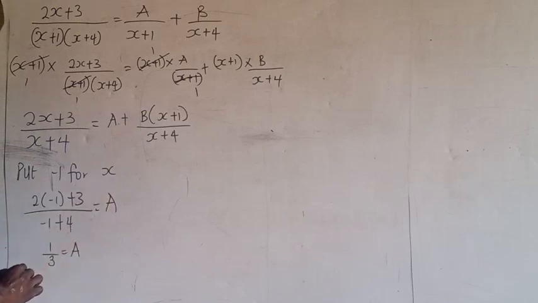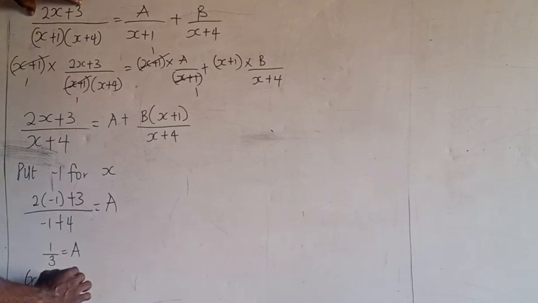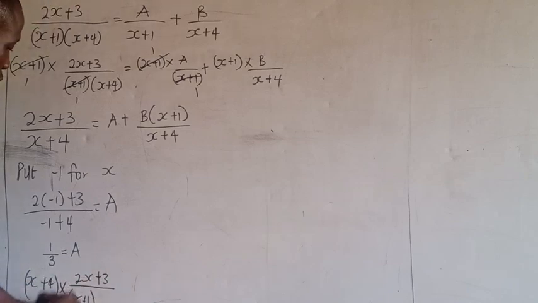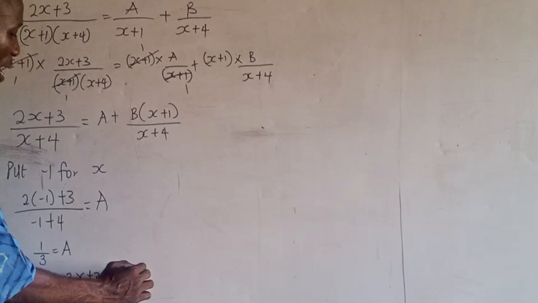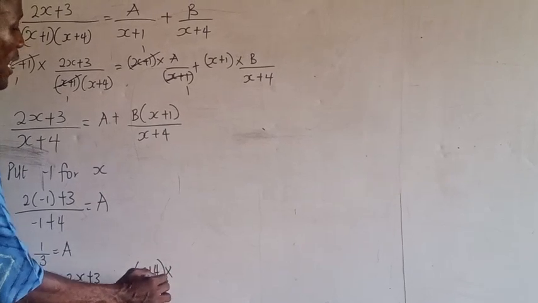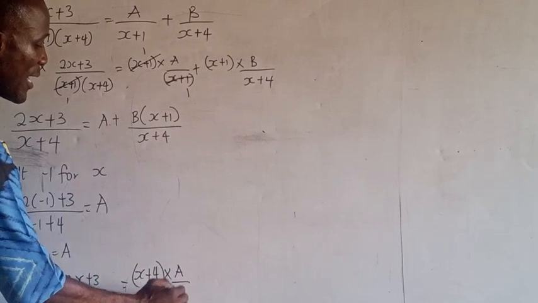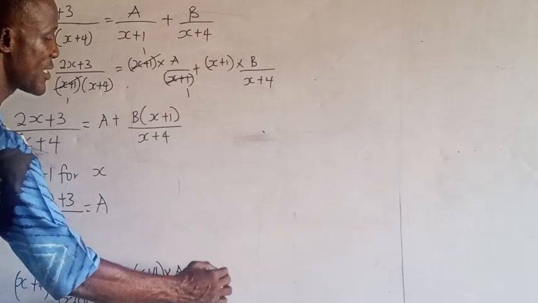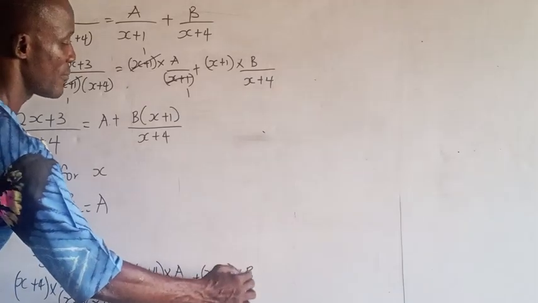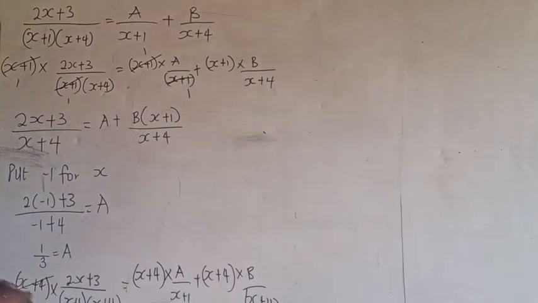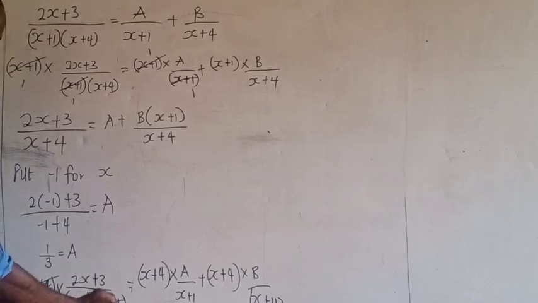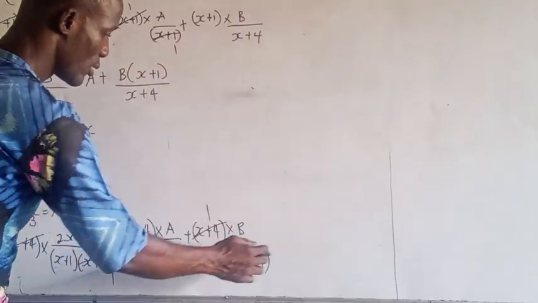So that's going to give us (x + 4) times (2x + 3) over (x + 1)(x + 4) equals (x + 4) times A over (x + 1), plus (x + 4) times B over (x + 4). So what happens here? These cancel to 1.